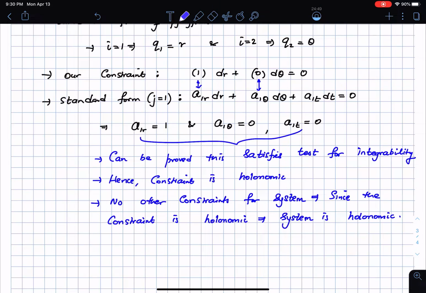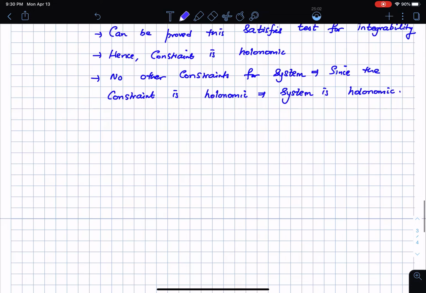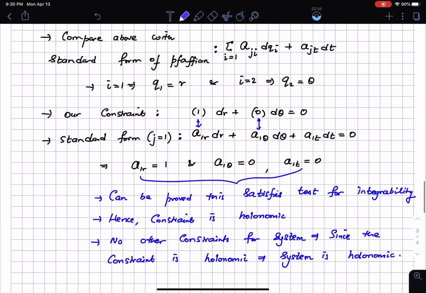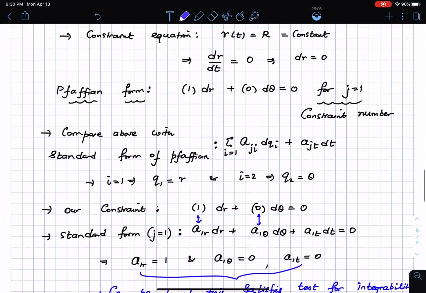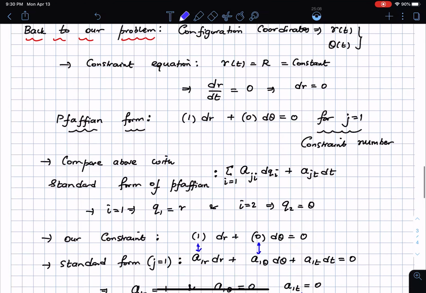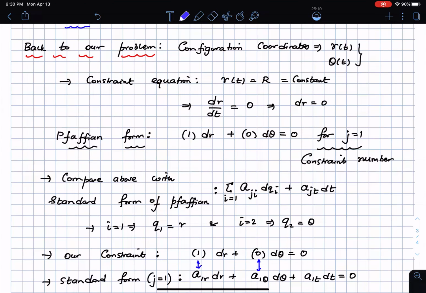All right, so this is the situation we have, and all we have to do is write the velocities, then start differentiating and be on our merry way to look at the problem on the rolling coin. So far, we have the constraint equation. We have the configuration coordinates as r and theta. You can call this q1 and this q2 if you want.